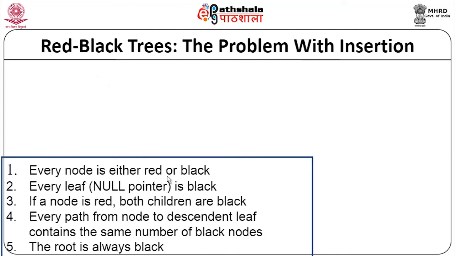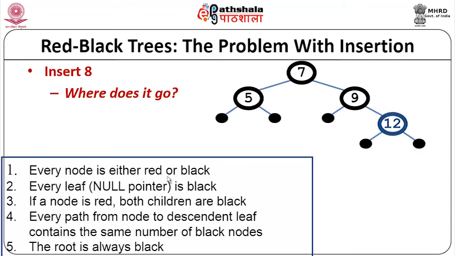So, the problem with insertion is every node is either red or black, every leaf is black. If a node is red, both the children are black, we know these properties, just stating it. Every path has to have the same number of black nodes and the root is always black. So, if you insert 8 here, where does it go? It will normally go as a left child of 9.